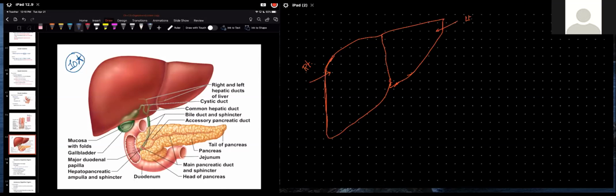One of the major functions of the liver, if you remember, was to form the bile. And remember, we did mention a little about the bile when we studied the life cycle of the red blood cells.